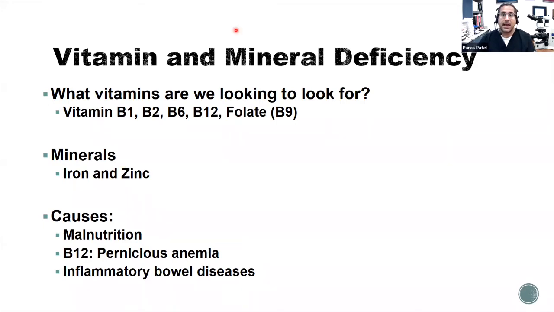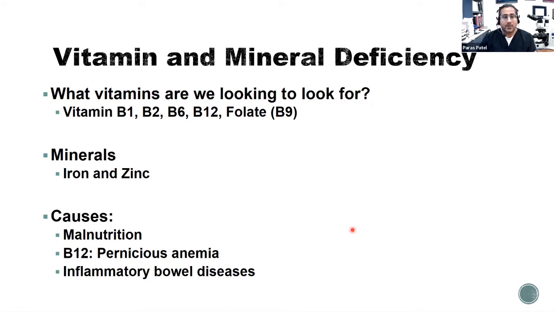Minerals like zinc and iron also play a role in epithelial integrity, and so they can result in the same process and result in ulcerations that can affect the oral cavity.